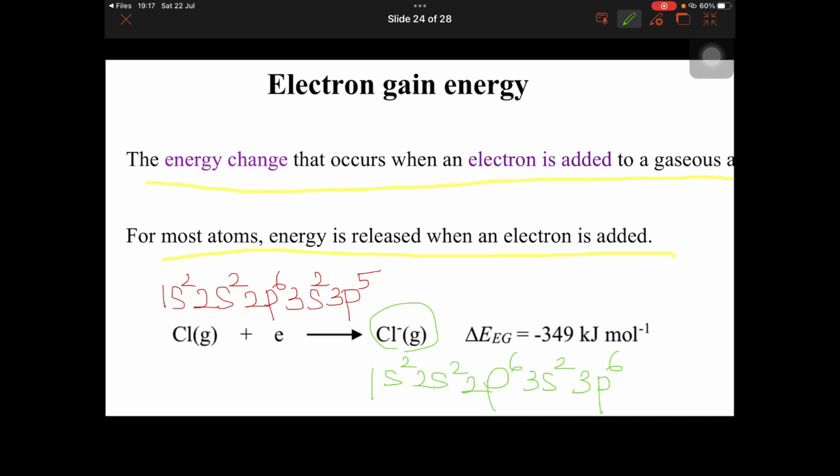And we are saying that energy is released. So actually what happens, the chlorine has a configuration 3s2, 3p5, which is closer to this 3s2, 3p6 electronic configuration if an electron is added, as in chloride ion. So which means that is something that chlorine would prefer.